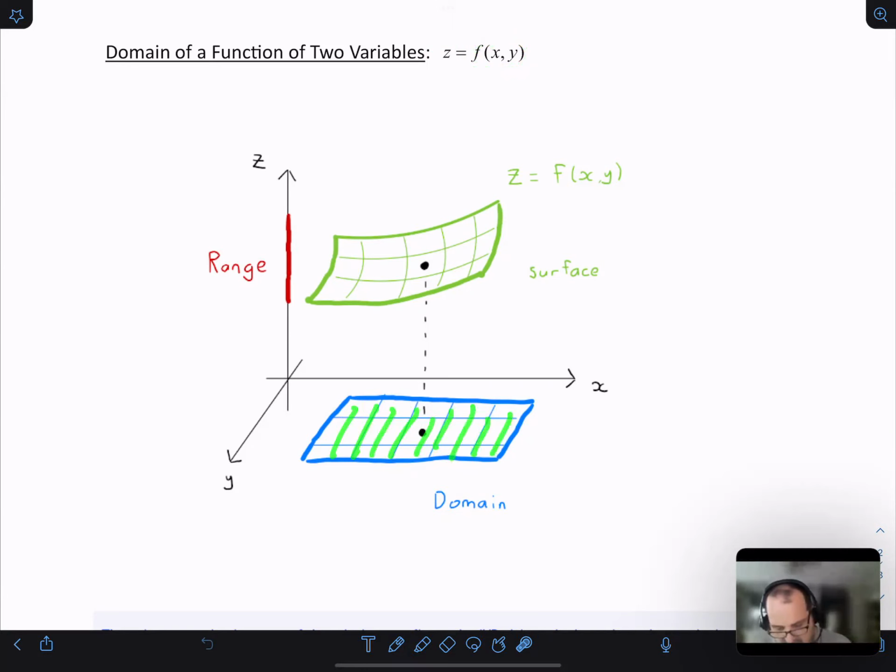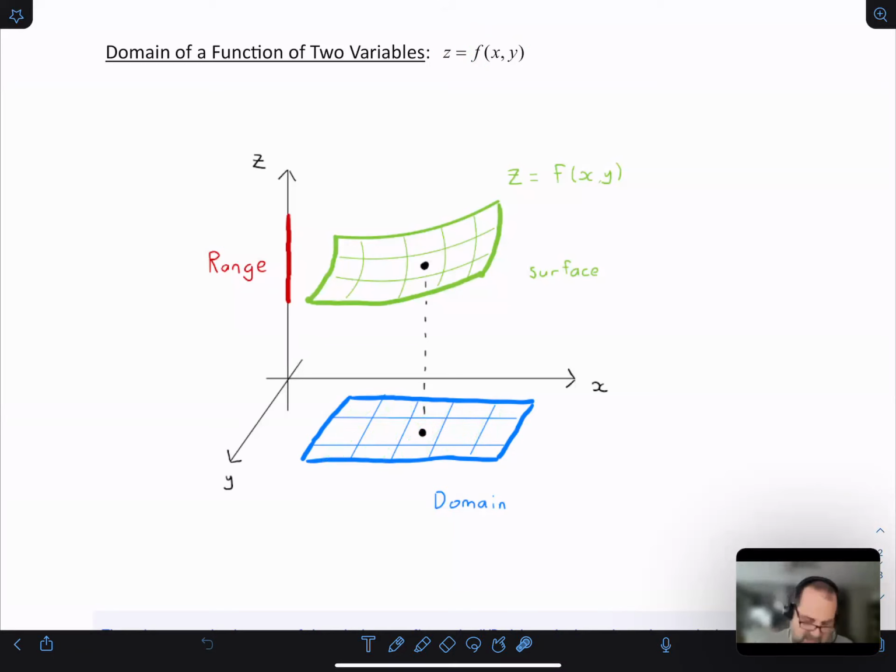So rather than just being an interval of x, as we were accustomed to in Calc 1, this is now a region in the xy plane. That is probably the big idea here that is helpful to keep in mind, that when we're talking about the domain of such a function, it is something we can represent by a region in the xy plane.